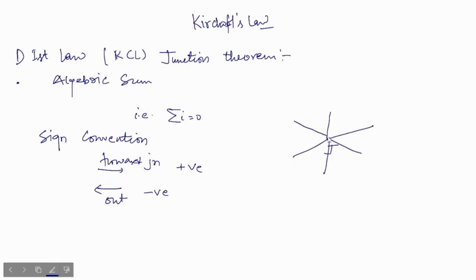Let's say I1, I2, I3, I4, I5, and I6. What does this law say? That sigma of I equals 0.